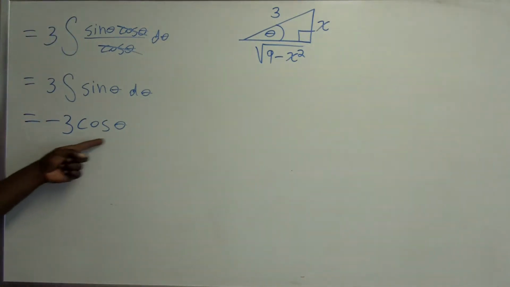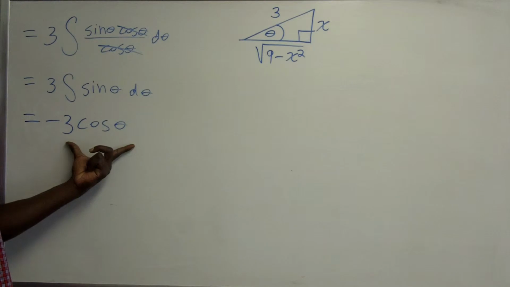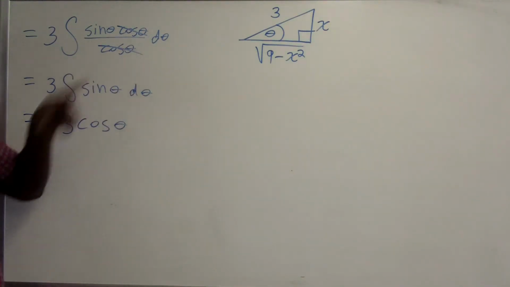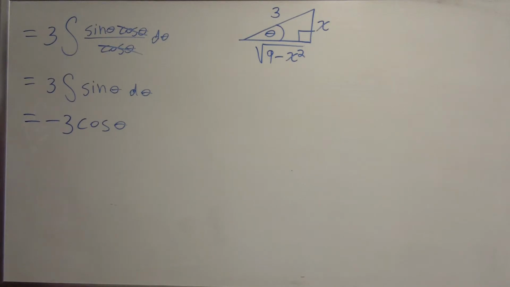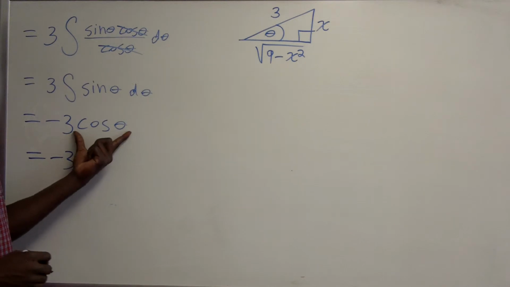So we have to refer back to that triangle to change this back into a function of x. It's now a function of theta, a trig function. I need to change it back into a function of x, an algebraic function. So looking at this triangle and what I have here, this is the actual answer, negative 3, and then I just need to know what the cosine of theta is.